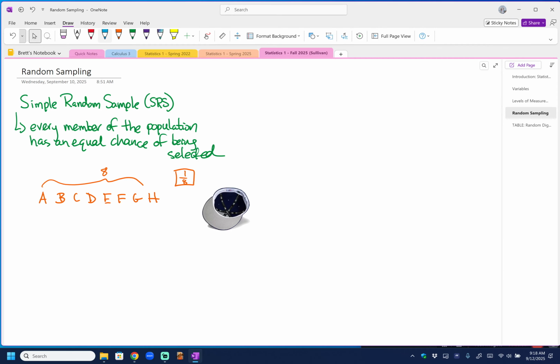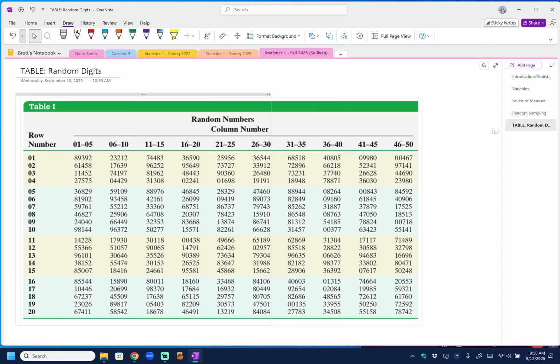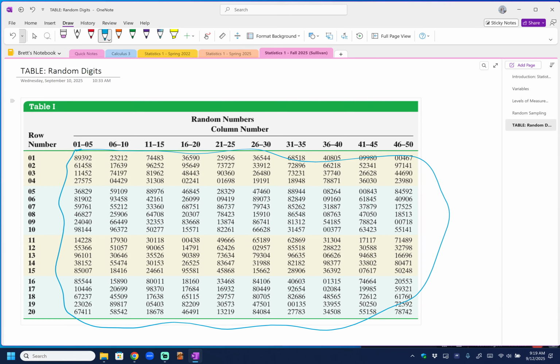We have something called a random digit table, which is exactly what you would expect it to be. It is a table full of random digits. The digits are in the body right here, the actual digits. And around the outside, you're going to see row numbers and column numbers. The row numbers are self-explanatory, 1, 2, 3, and so forth.